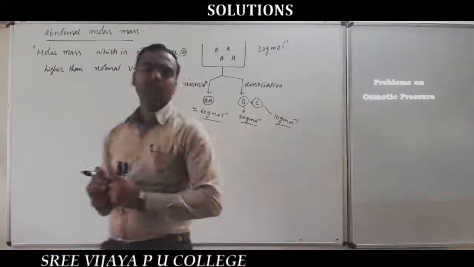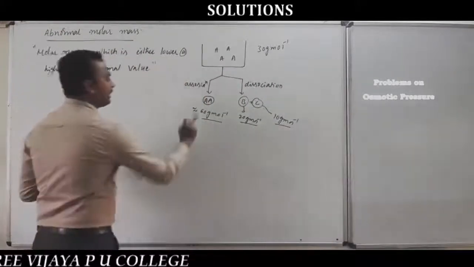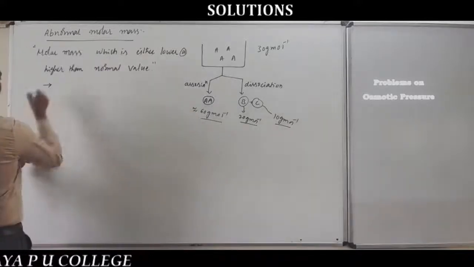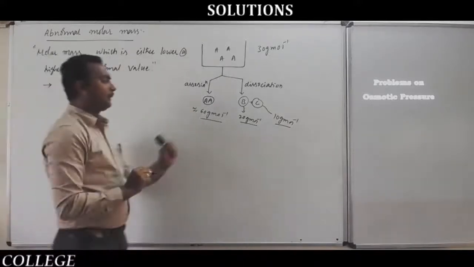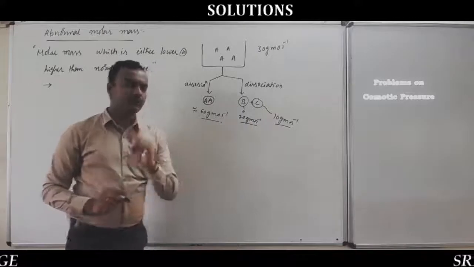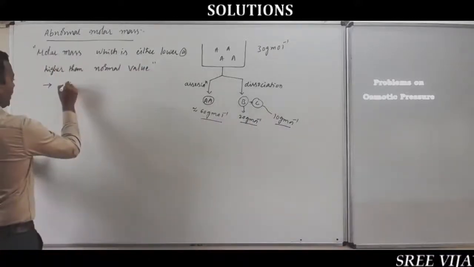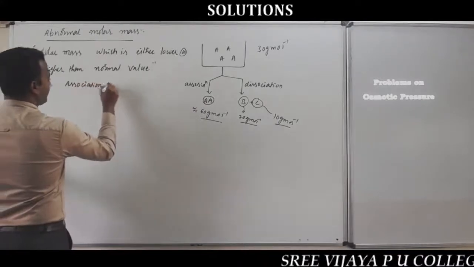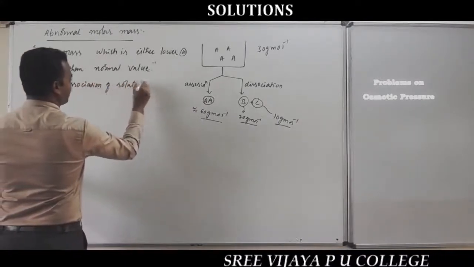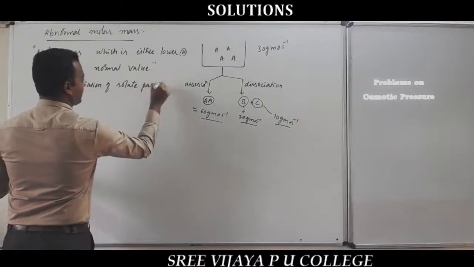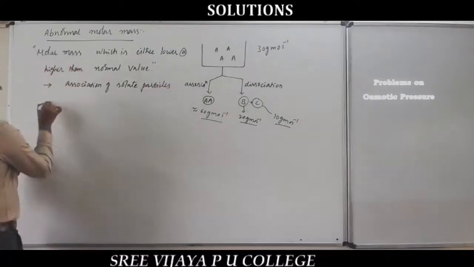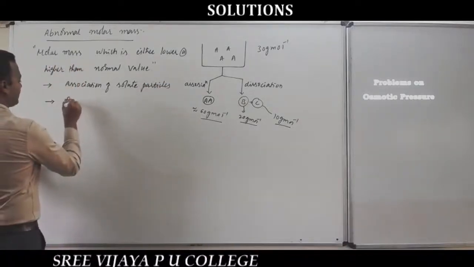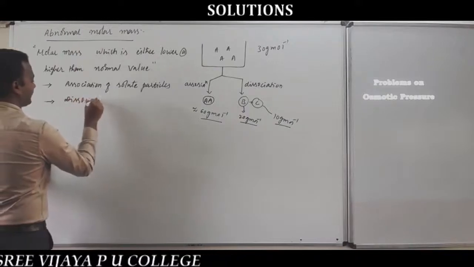Why will the abnormal molar mass take place? Abnormal molar mass is mainly due to two reasons. One is association of solute particles, and one more is dissociation of solute particles.